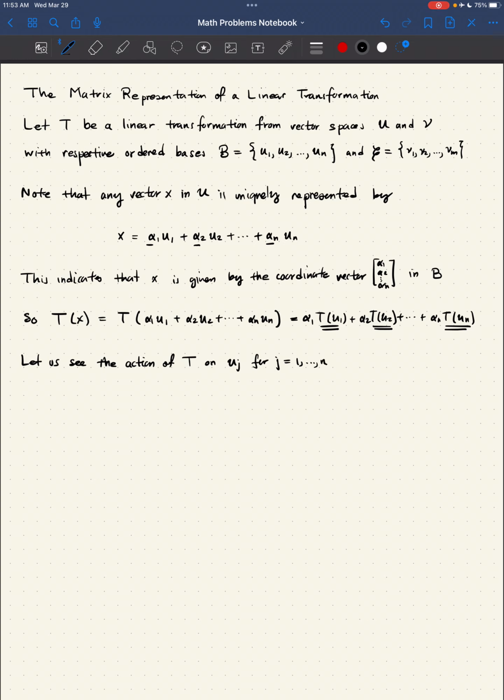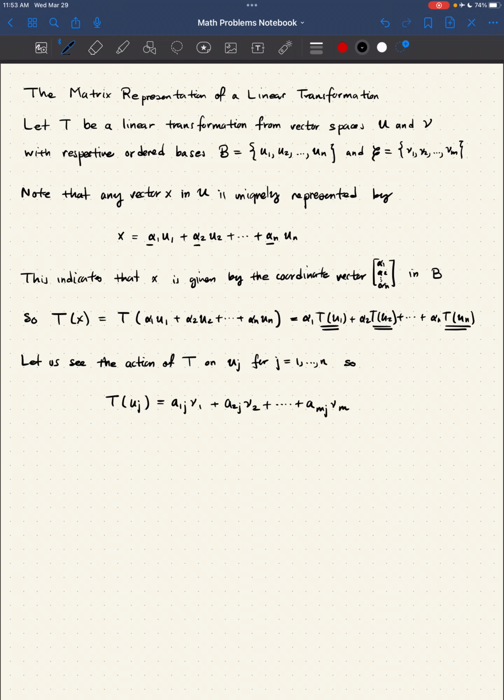Once again, T is a linear transformation, and T of uj may be decomposed in the following way: a1j v1 plus a2j v2 plus and so on up to amj vm.